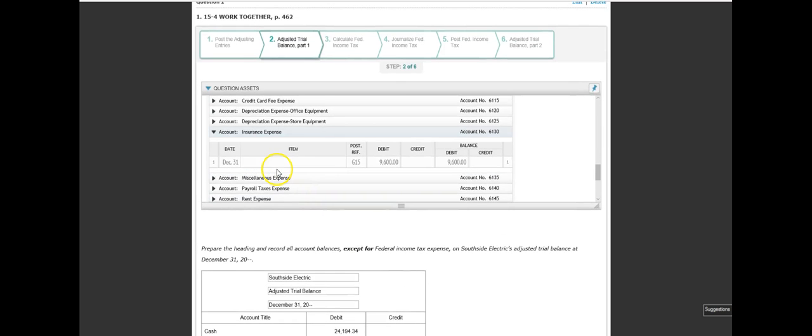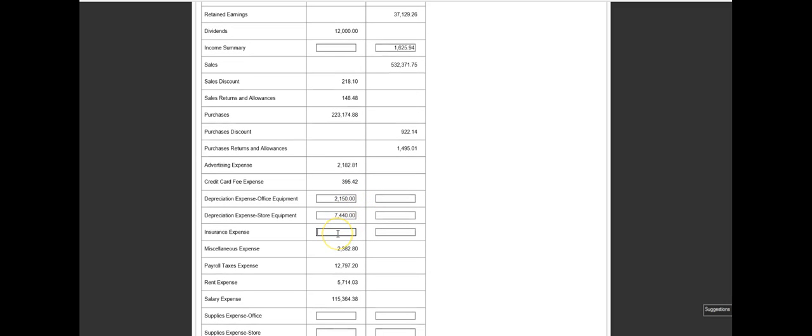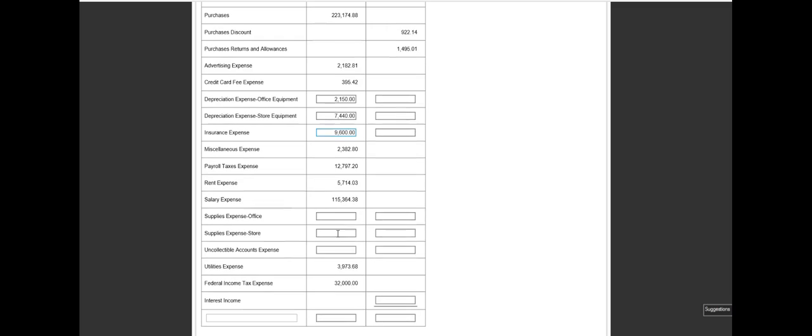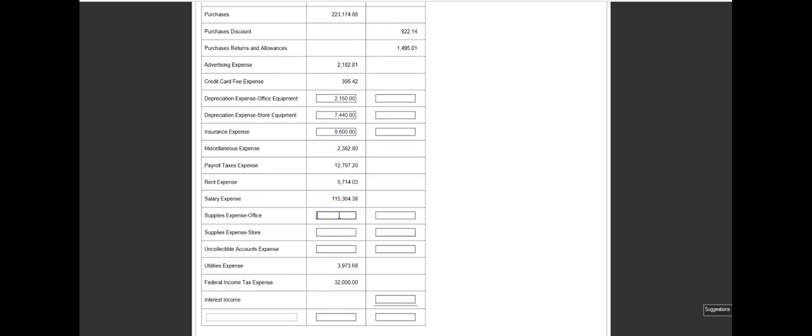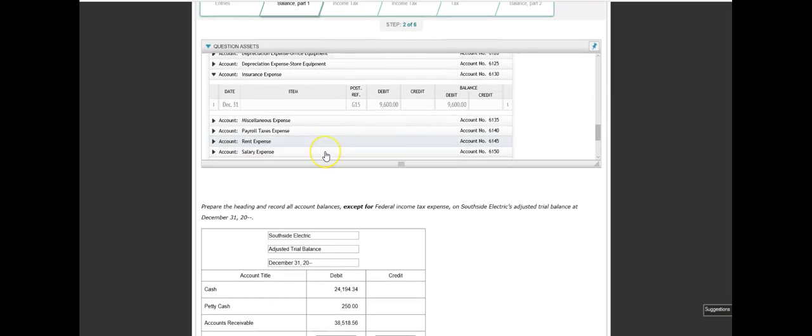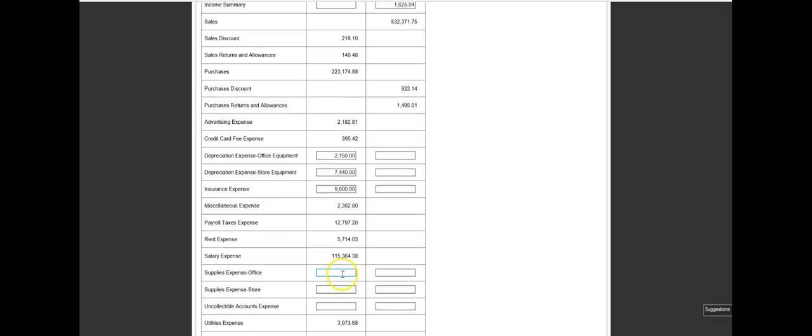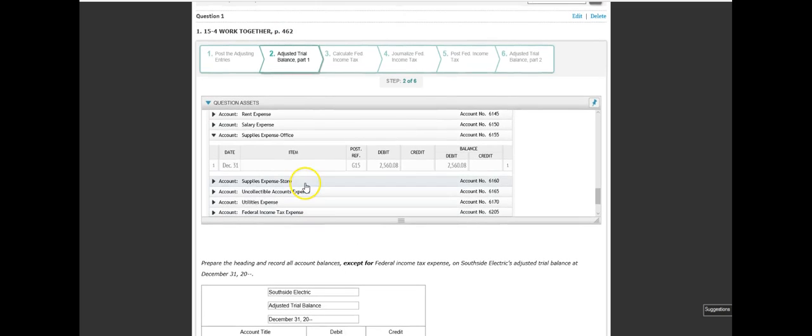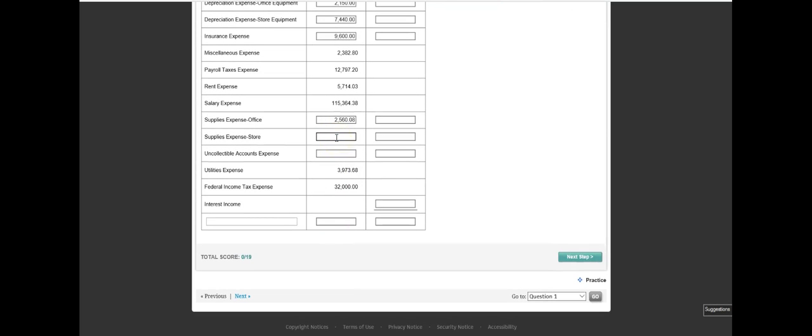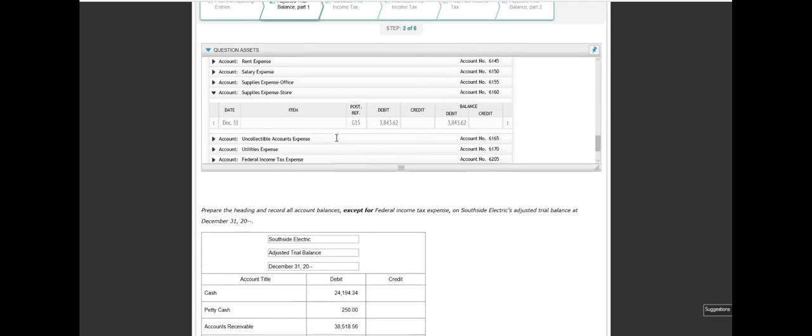Insurance expense, 9,600. Supplies expense office, $25.60. Supplies expense store, 38.43.62. Uncollectible, 34.15.